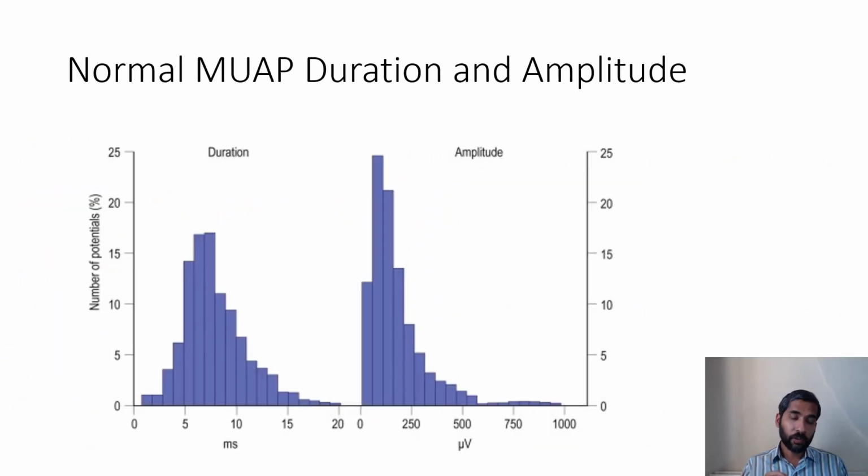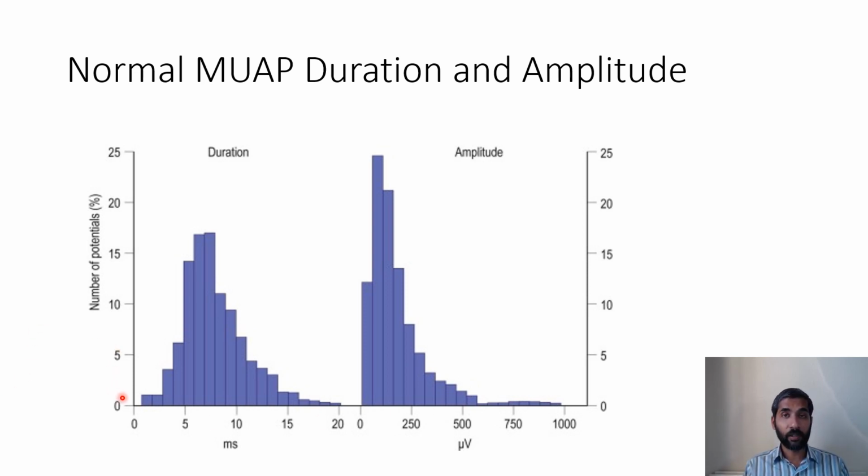Now, one of the things that you want to test when you're putting needle EMG is whether the motor unit action potentials are normal. So you don't just put the needle once, but you want to put it a few more times so that you can create a distribution of the motor unit action potential duration and amplitude and make sure that everything is normal, right?